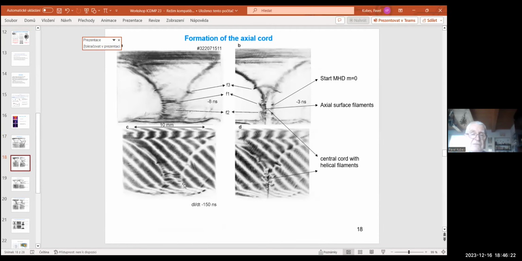Next time is seen here. We see formation of the azimuthal thin filaments. We see also formation of the axial filaments on the boundary of the column. And what is interesting is the axial part of the dense pinch, which is very thin and very dense.